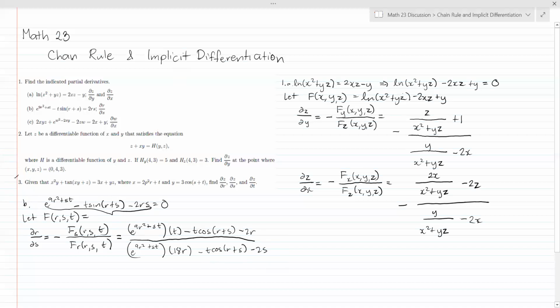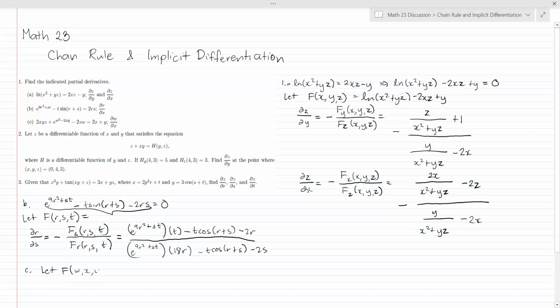Yung mouse natin. Yun. C. So for C naman, we have that expression 2xyz plus, so i-let na agad natin. First line, let f of ilang variables, 4.